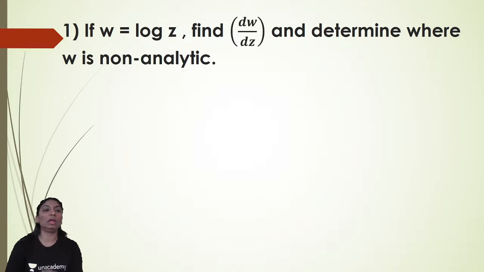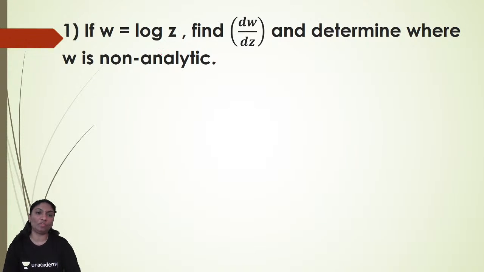Now, first one, if w is equal to log z, then we will find dw/dz and determine where w is non-analytic. It means at which point the given function w is equal to log z is non-analytic.